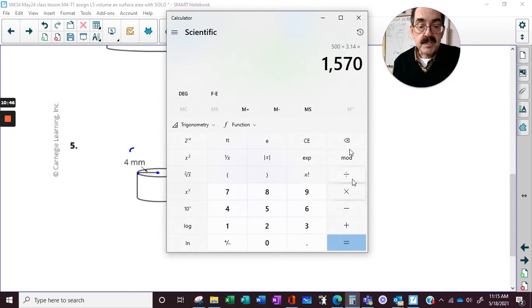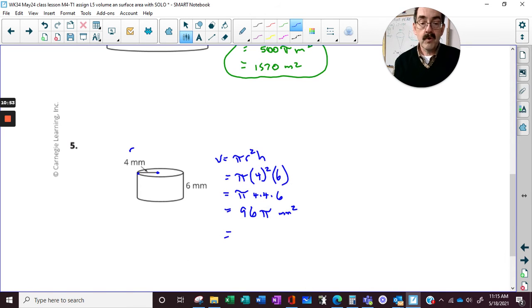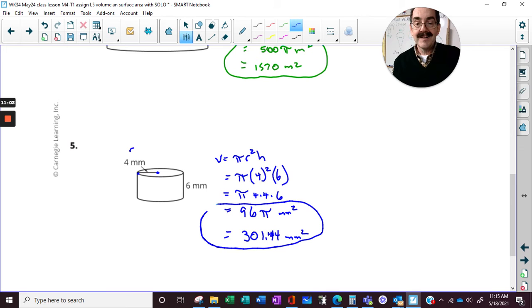Using the directions, 96 times 3.14, 301.44 millimeters squared. All right. So, this was all about the volume of a can.